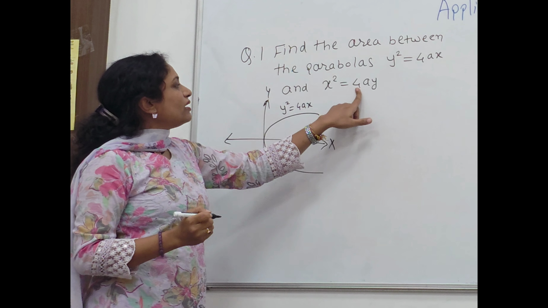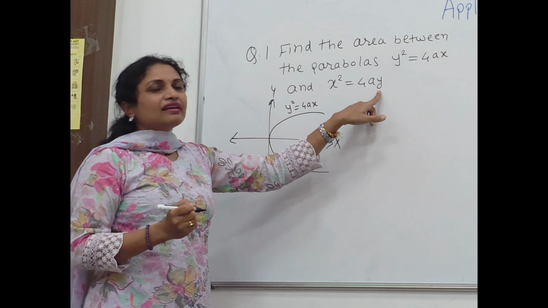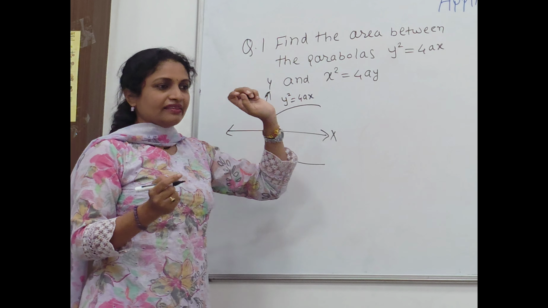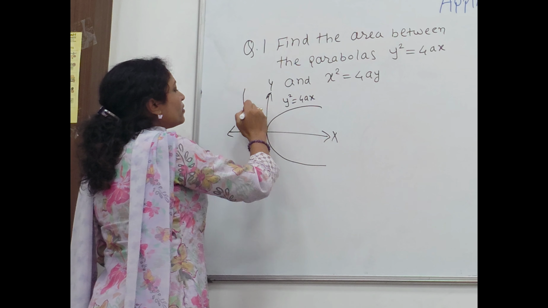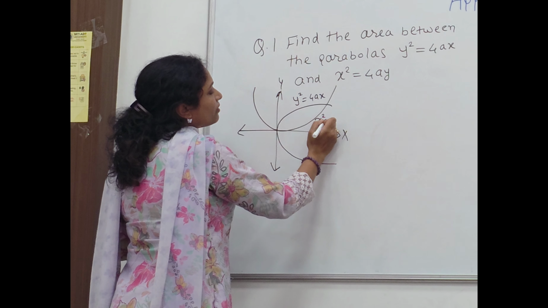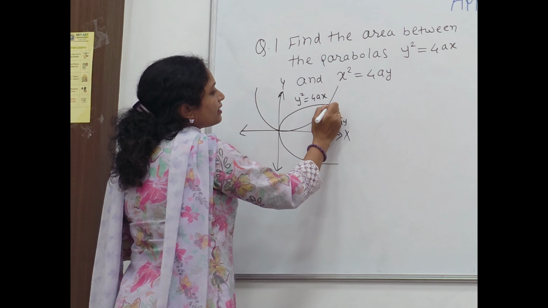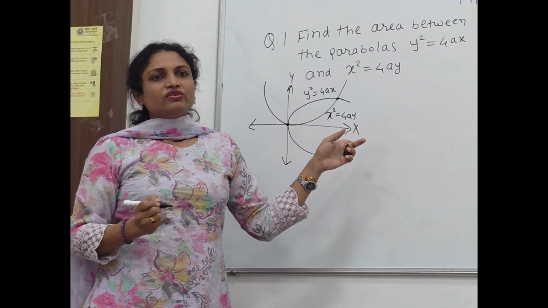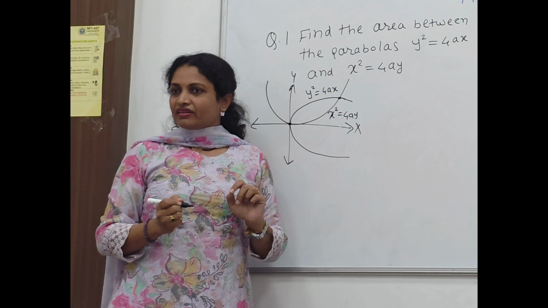What about the second parabola? Y's power is odd, so it is symmetric about the y-axis, somewhat like this. You may get this equation x square equals 4ay. Now you came across this region, so you need to find the area of this region.